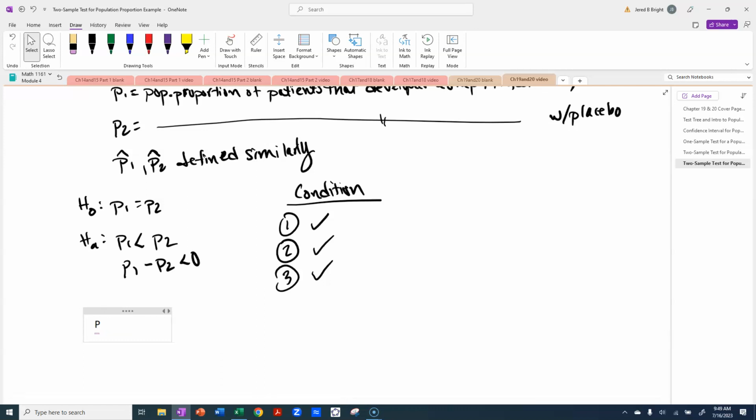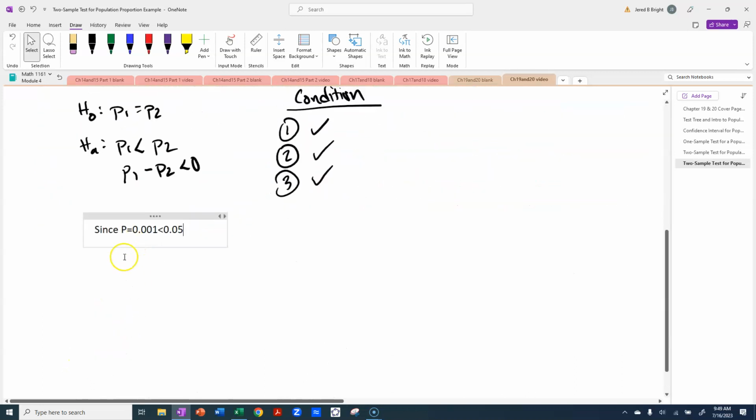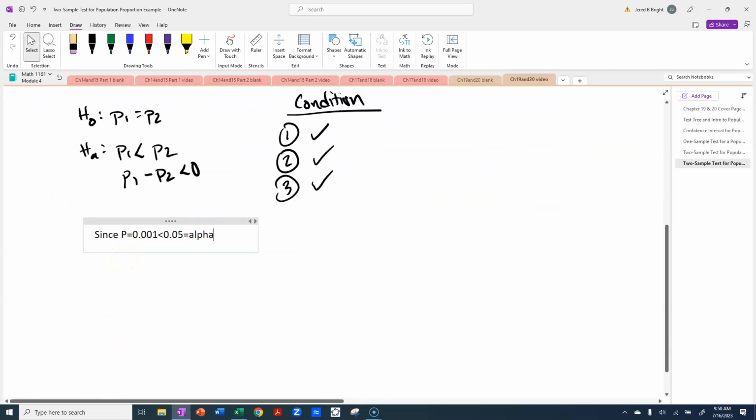I'll write it out formally like I normally do. So since P equals 0.001-ish, which is less than 0.05, what's the significance level? It doesn't say, so we assume 5%, which is alpha.